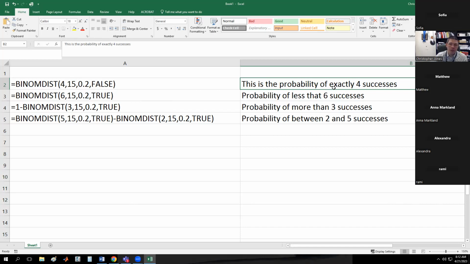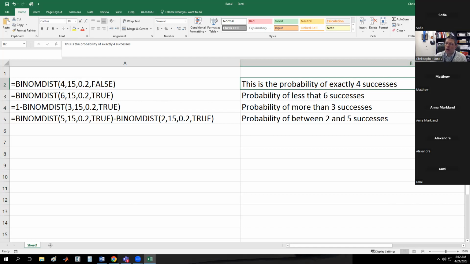The only difference between exact and less than is that for less than, you just type in a true. For a more than problem, you take the complement of the probability. And then finally, for between, you subtract the lower from the higher. Whichever number is smaller, that one always goes second.